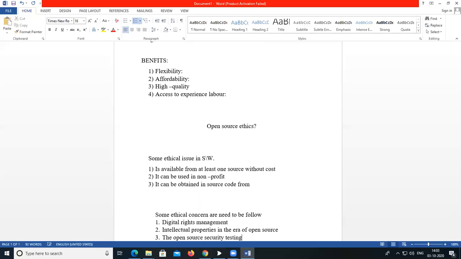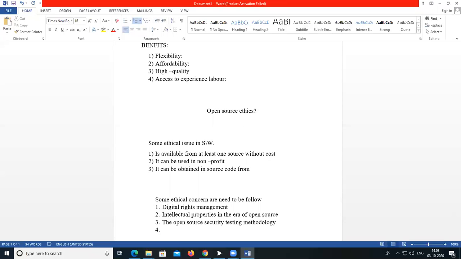Then the last one is the politics of open source adoption.